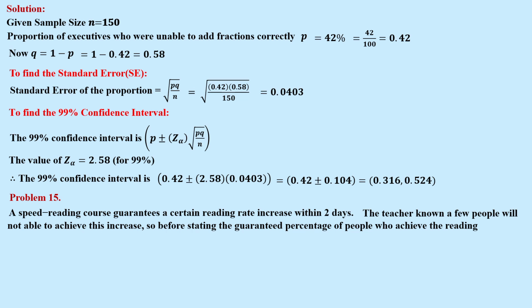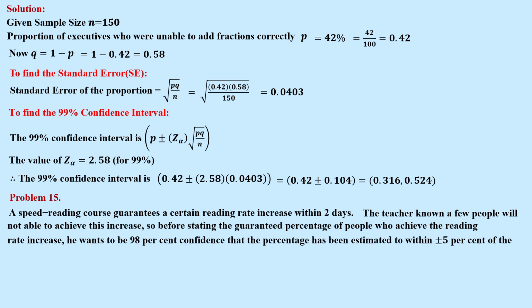So before starting, for the guaranteed percentage of people who achieve the reading rate increase, he wants to be 98% confident that the percentage has been estimated to within plus or minus 5% of the true value. What is the most conservative sample size needed for this problem? So we need to find the sample size.